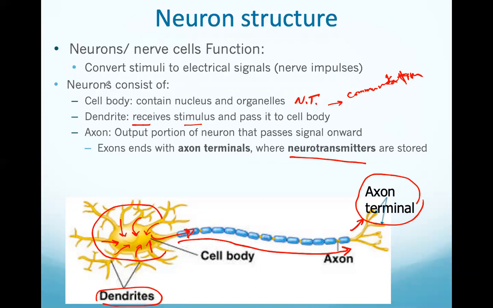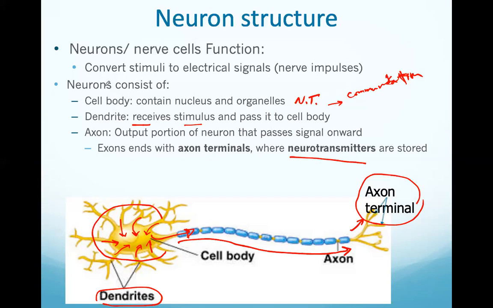So looking at this as an overview, a neuron is essential for the creation of the electrical impulses that lead to muscle contraction. These electrical impulses start with your dendrites, which get passed down to the cell body, to the axon and the axon terminal.